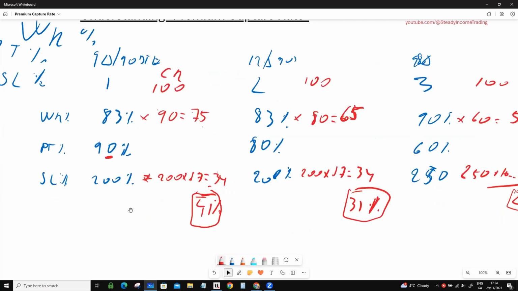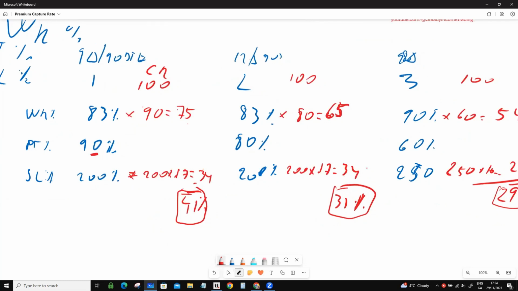However, an important part that's missing here is days in trade. And what happens here is that on average, if you sell this particular put here, you will stay in the trade 55 days. This is not saying that that's going to happen always.